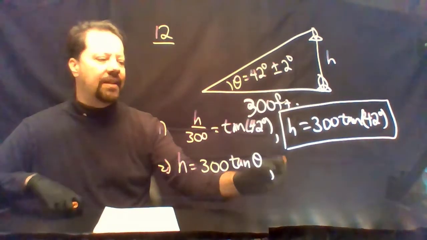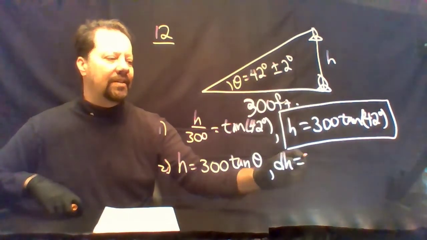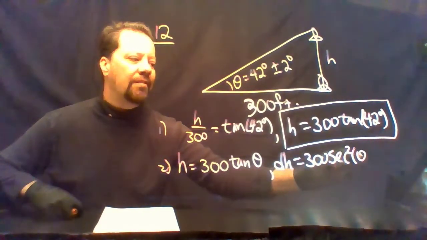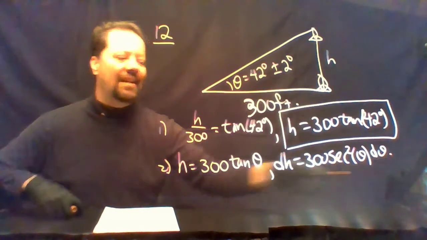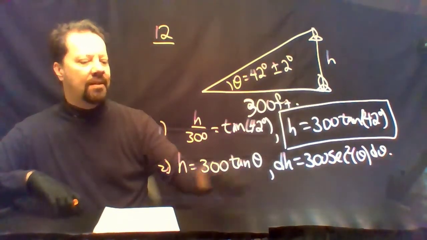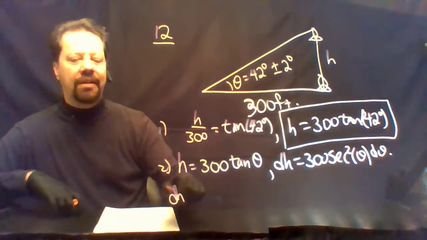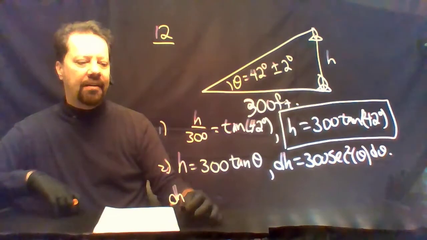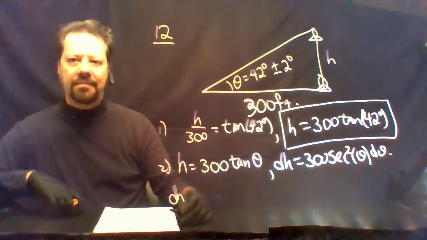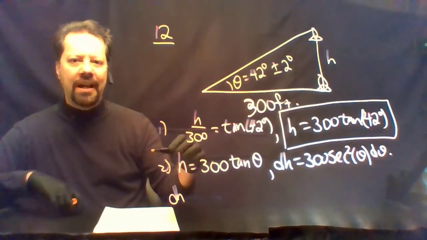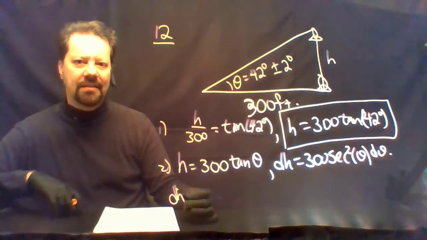It follows then that dh is going to be 300 times the secant squared of theta times d theta, using our formula for differentials. We'll plug everything in since we're only looking for error here. If I'm asking for relative error, you have to find dh over h. If I'm asking for percent error, it's dh over h all times 100%.